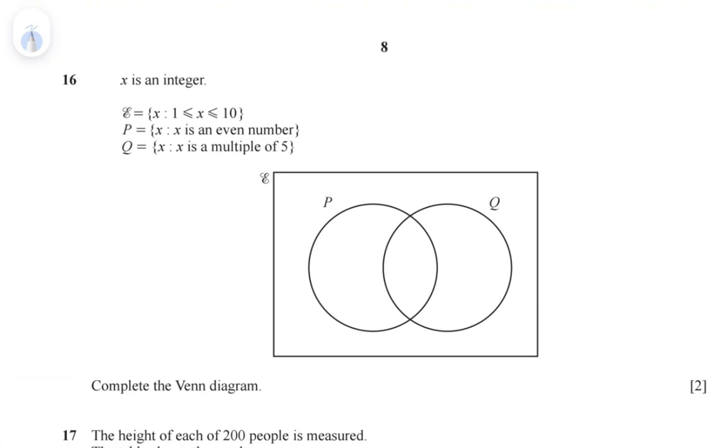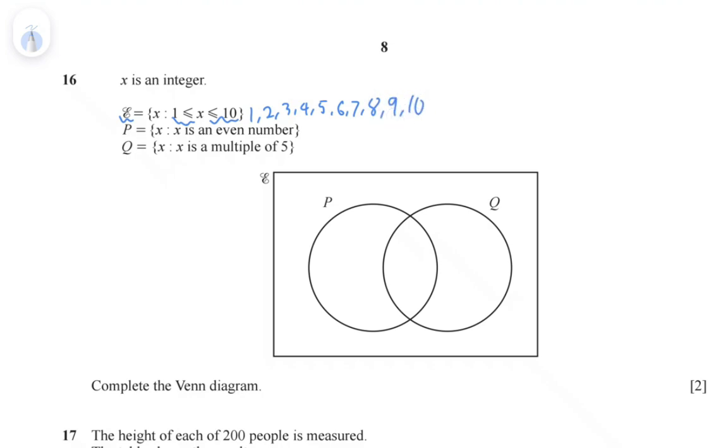Now looking at question 16, we're looking at Venn diagrams. So you know that the total sample space is x greater than or equal to 1 and x less than or equal to 10. Because it is such a small sample space, let's write down the full values of x, which is 1, 2, 3, 4, 5, 6, 7, 8, 9, and 10.